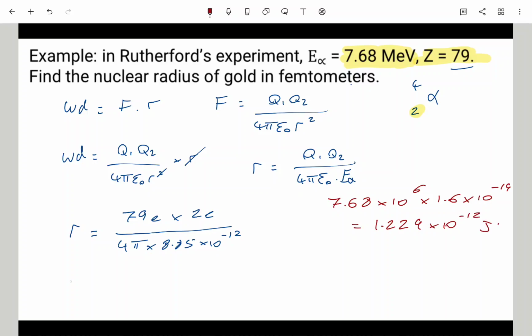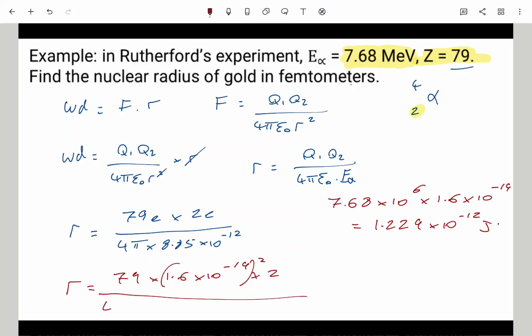and then you just need to put all your numbers in. So I'll do that here. So 79 multiplied by 1.6 to the minus 19 multiplied by 2. You could just square that because we're going to times it by it again. That's how I write it like that.